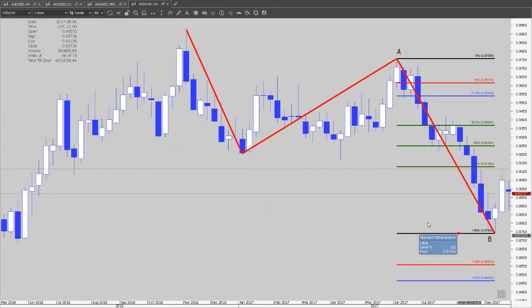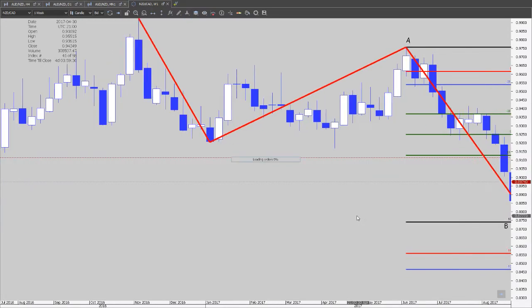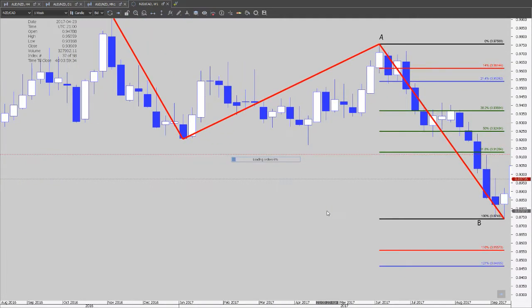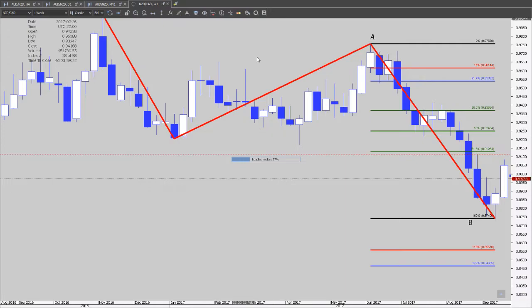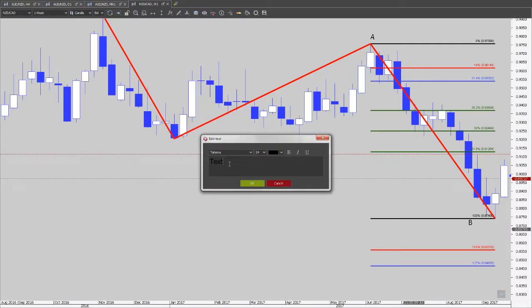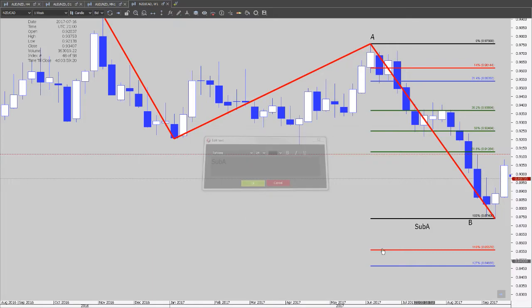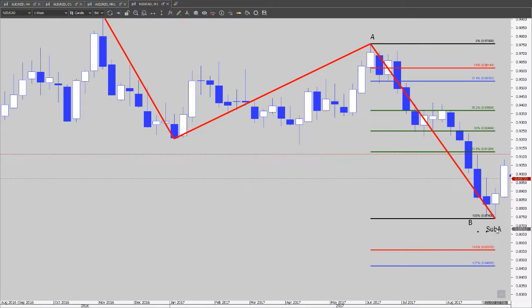Great. Now, where is our contrarian Fibonacci? What are the rules of the contrarian Fibonacci? Well, the sub A is going to be the starting point of the retracement. So this sub A is going to be the lowest low or the highest high.